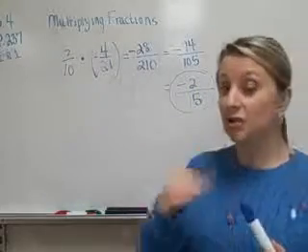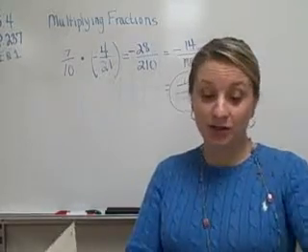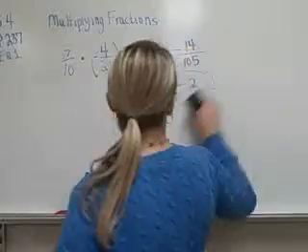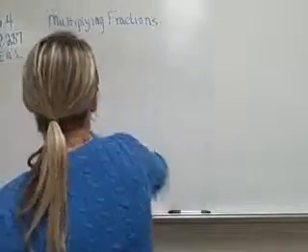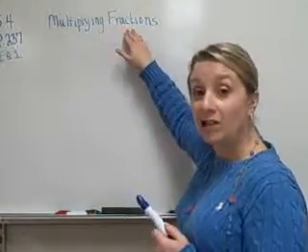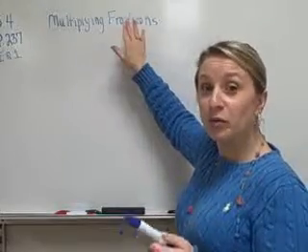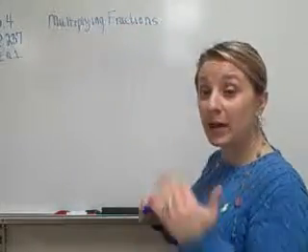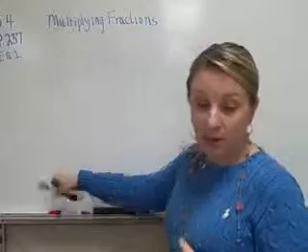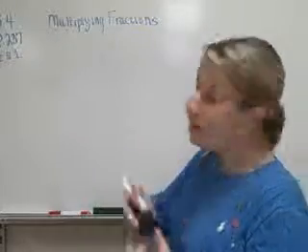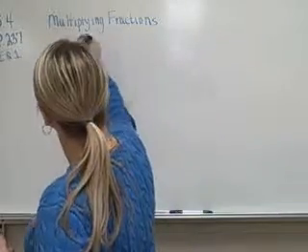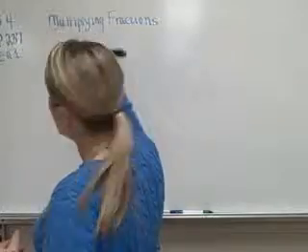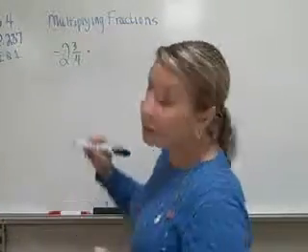Now the next thing is to do some multiplying with mixed numbers. So I'll show you how to go about that. Remember that your objective is to multiply fractions, and I told you before that we would also be multiplying mixed numbers. Let's do one like this. Let's do negative 2 3/4 times 3 1/5.